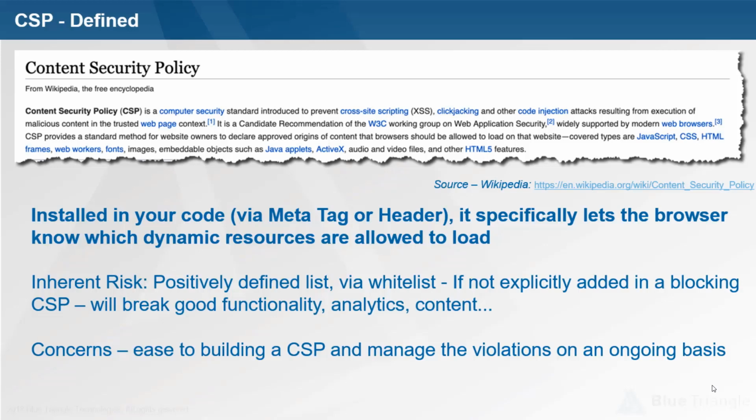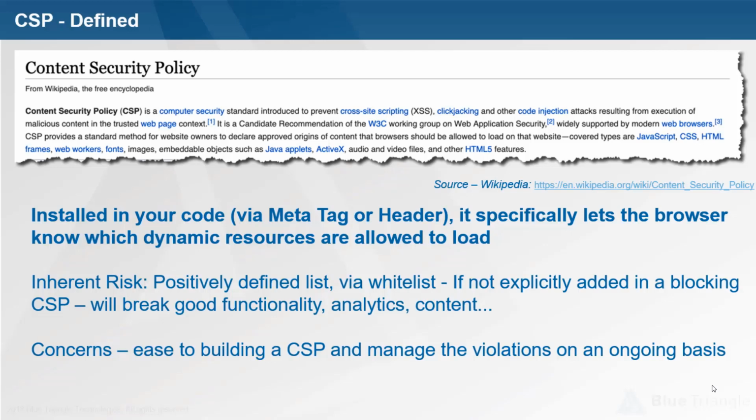Now, if you think about that, if we're actually going to ever be in a blocking mode, we've introduced some inherent risk here, right? Because a CSP is a positively defined list, a whitelist, if it's not explicitly added and the CSP is in a blocking mode, you'll end up breaking good first or third party content, good functionality, good analytics. If not specifically added, you take that risk.